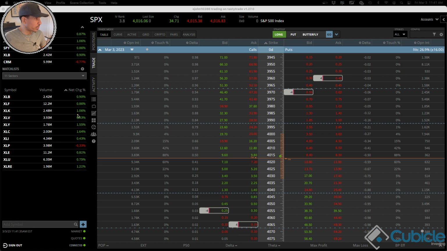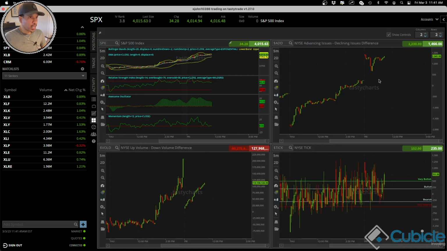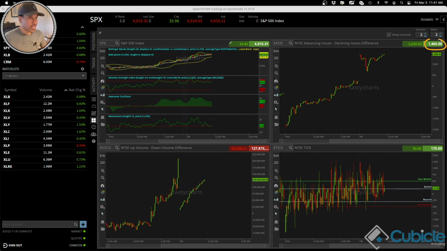So if you see this XLK sector above 3%, then normally you can expect a pretty significant move from SPX. If we look at the market internals, we can see that the advance decline indicator is at 1465, right? And we can see that the volume is constantly increasing as well.